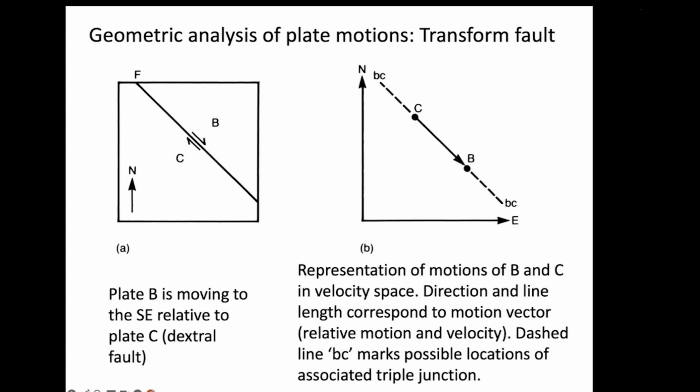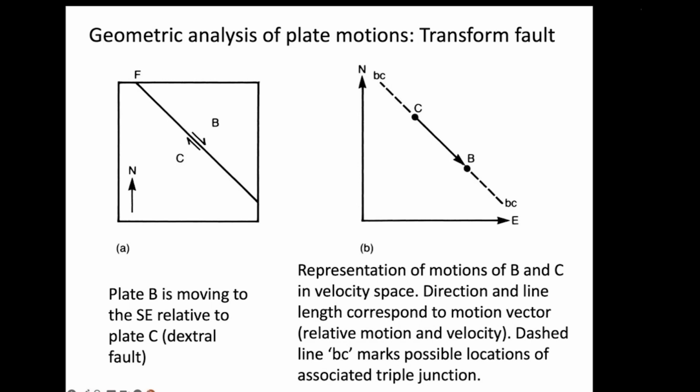All right, let's do a transform. B is moving to the southeast relative to C, so that would look like that. B is moving to the southeast relative to C, and that motion is occurring along this BC velocity line. Everybody see that that's the way you would portray that? And your book goes through this too.